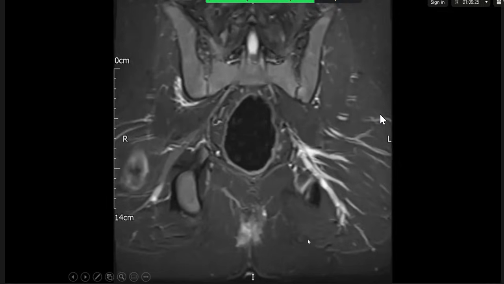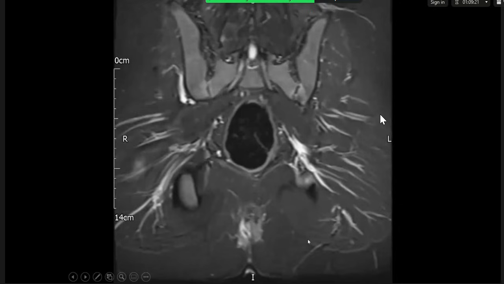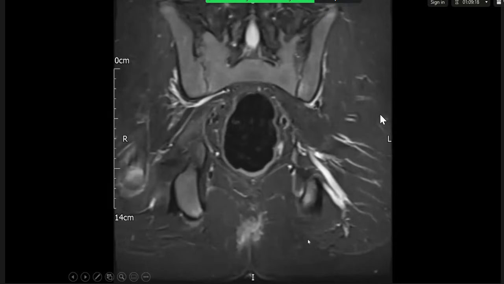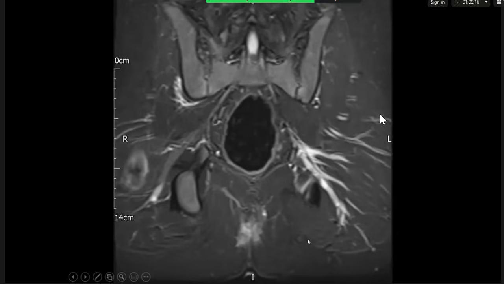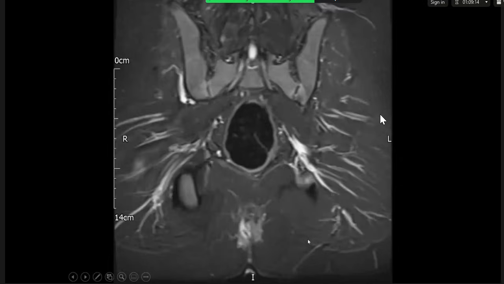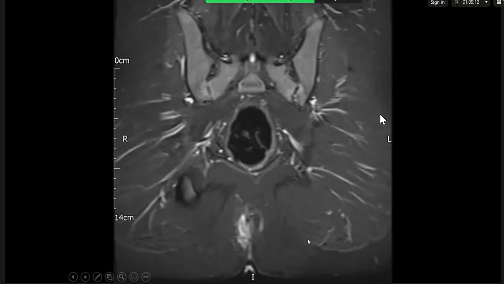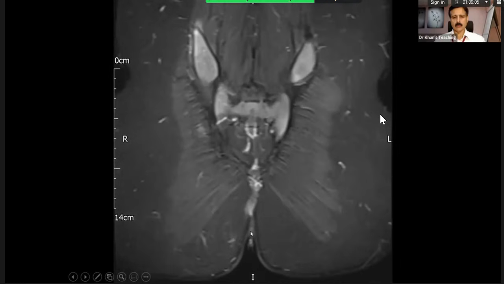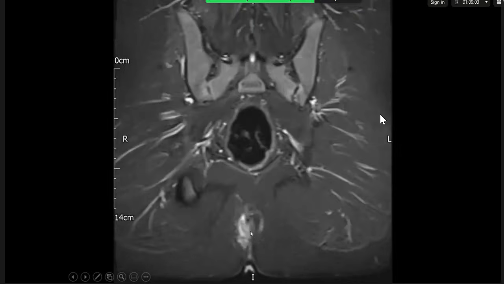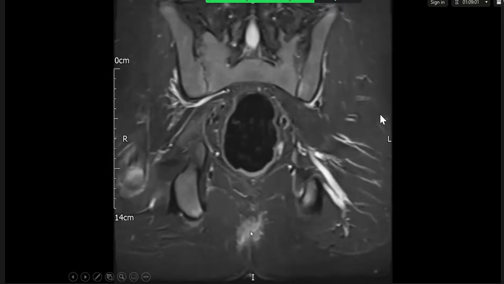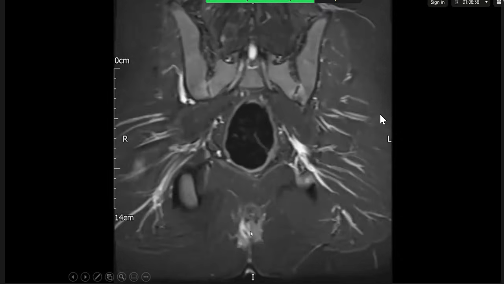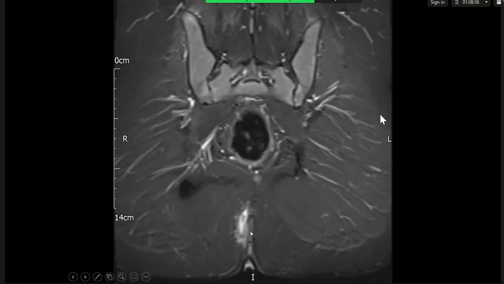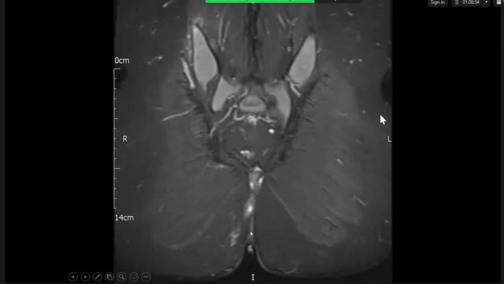There's also an impression of some irregularity to the sacroiliac joint space. Having a look here at the anal region, I can see this abnormal high signal, and it appears to extend at approximately 7 o'clock upwards.